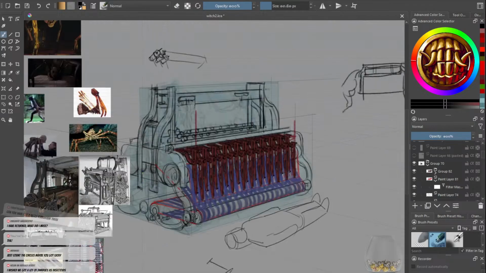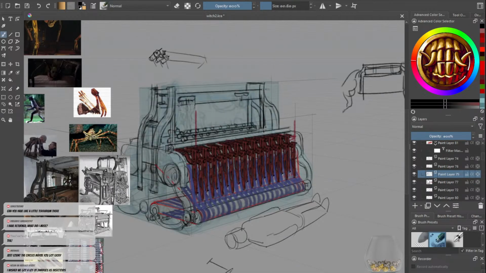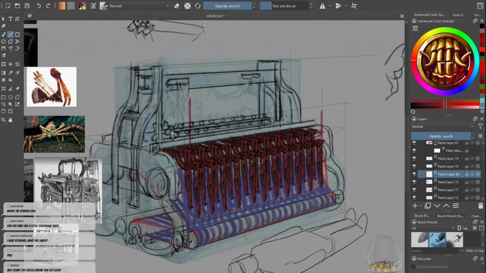I mean, honestly, this is... put the screens in here, make them red.